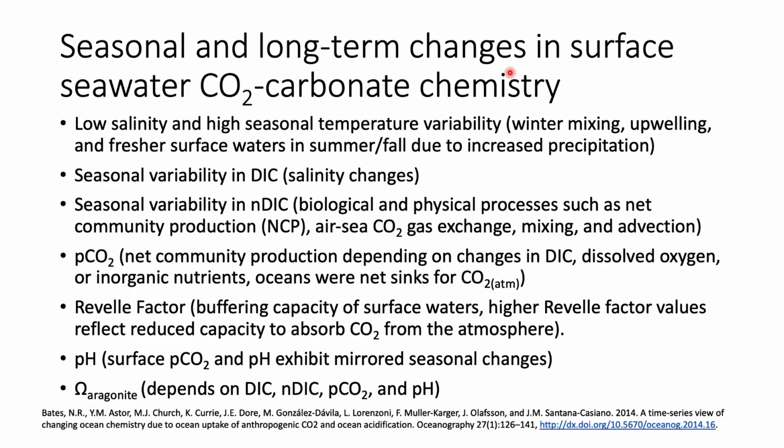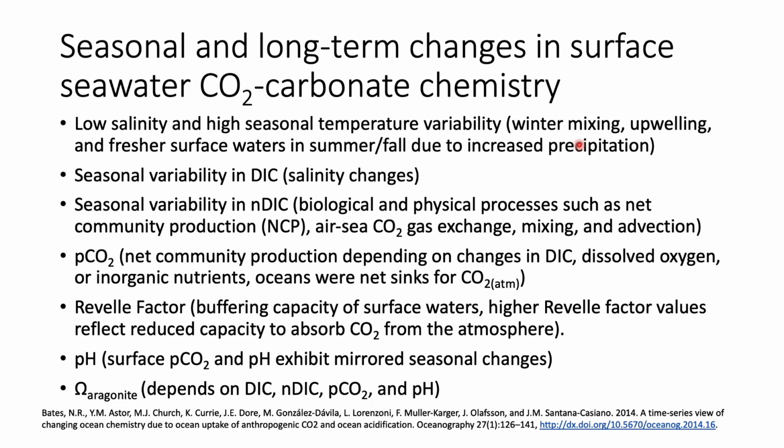When we look at the seasonal and long-term changes in surface seawater carbon dioxide and carbonate chemistry, what we can understand is that low salinity and high seasonal temperature variability happen.